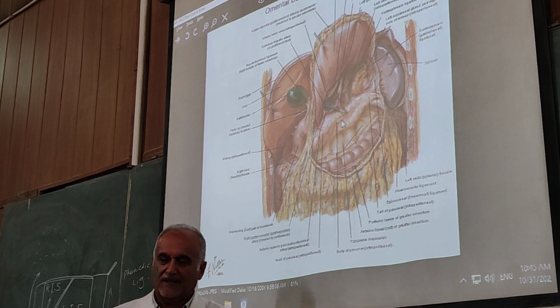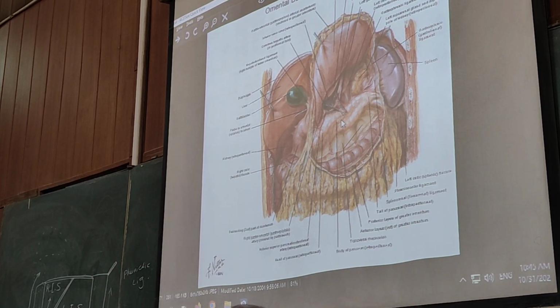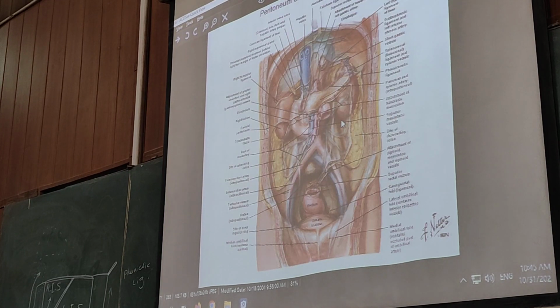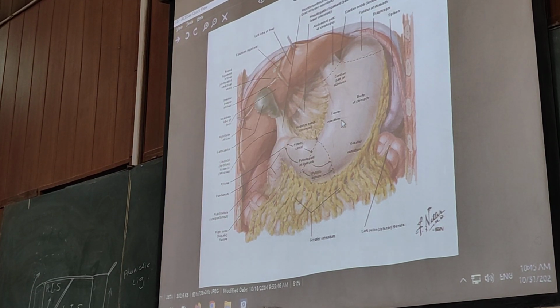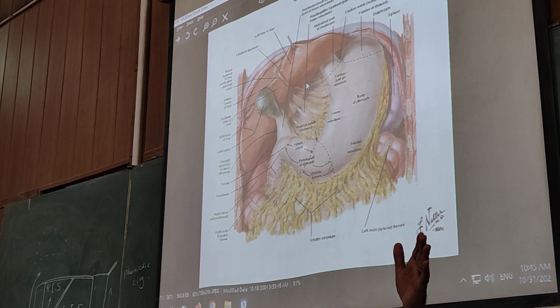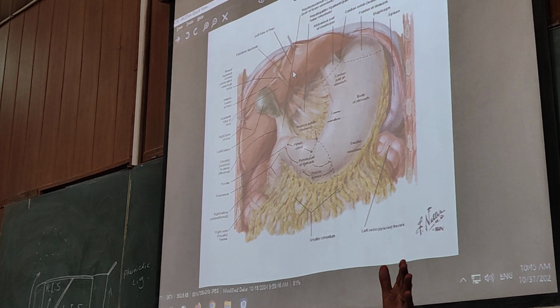So let me show this to you. Look here. This is the stomach. This one is the lesser omentum. Yes? The lesser omentum at the left side is attached to the stomach, and at the right side it reaches the liver.